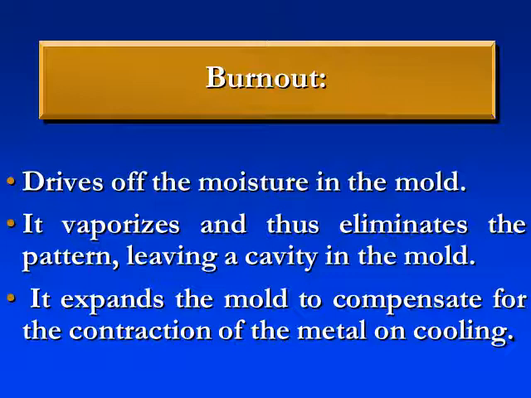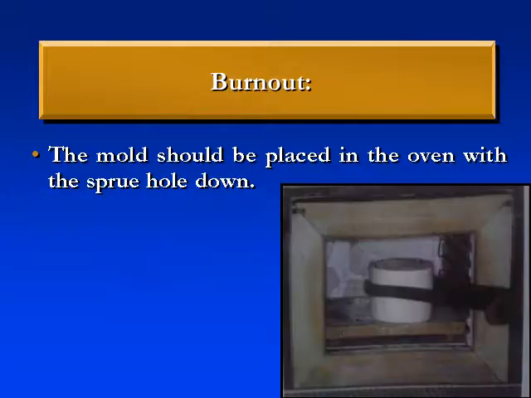When the wax pattern of the removable partial denture framework is evaporated, there will be a cavity inside the investment mold. Also, the burnout, as a result, will expand the mold. This heat expansion will compensate for the contraction of the metal upon cooling from the molten state to the solid state.